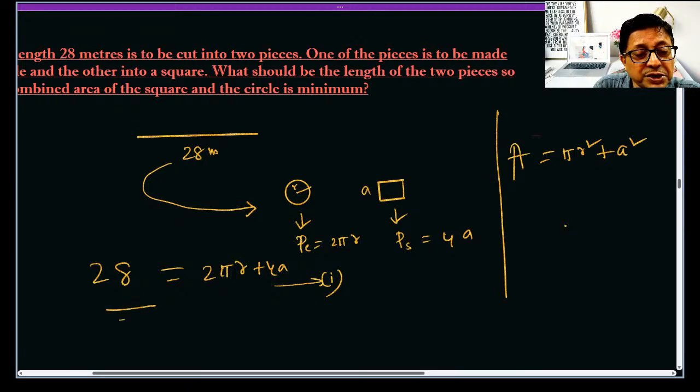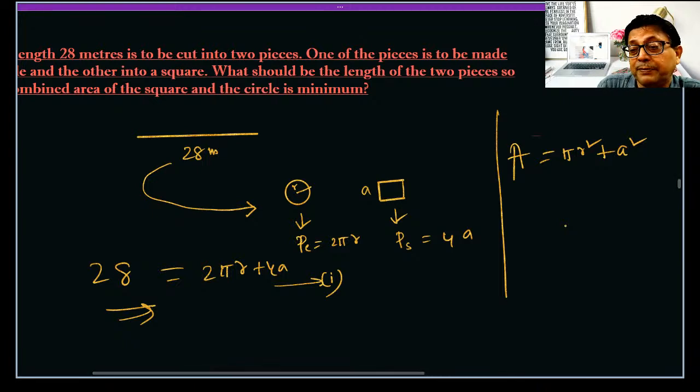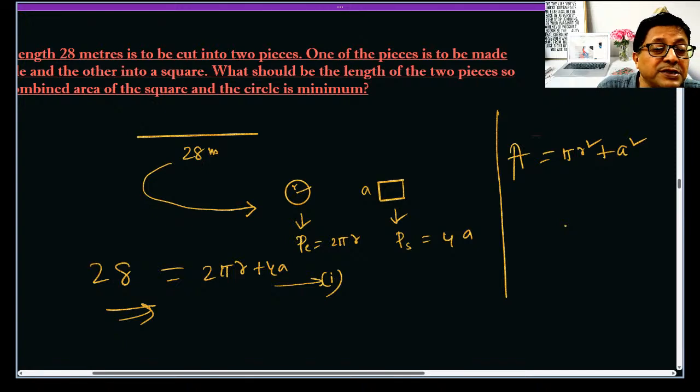So express in terms of one variable only, then differentiation will be easier. If you say I'll differentiate with respect to a, that is also a method, but when you have to find the second order derivative, what's the use of doing that? So better you write the value of a from here.